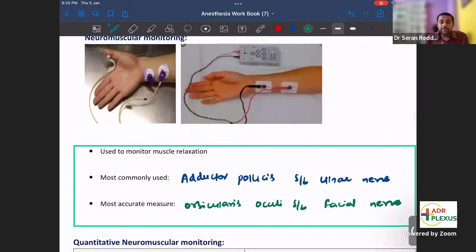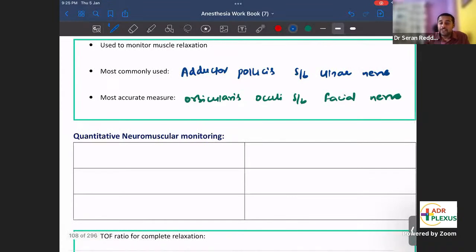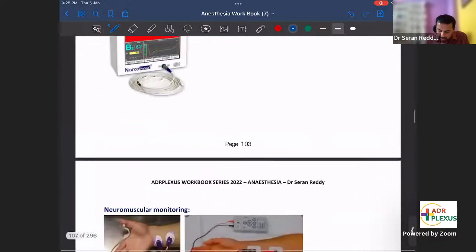There are many things like train of 4, which we will discuss when we discuss muscle relaxants per se. Here, there are other quantitative neuromuscular monitoring methods. This was a question asked way back in 2017. Please log in, about page 103.